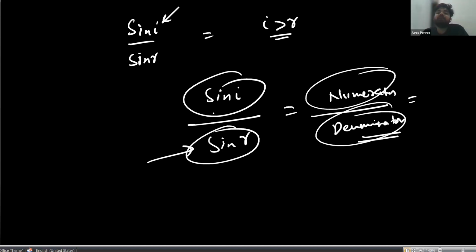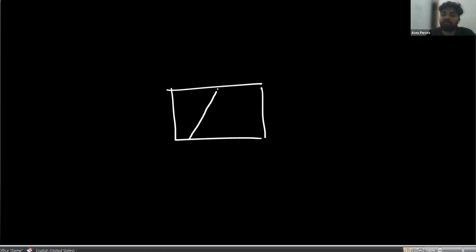If I is greater than R, then sine I will be more and sine R will be less, so the numerator is greater than the denominator and the value will be more than 1. The vice versa is also true. For example, a ray moving from denser to rarer medium bends away from the normal.